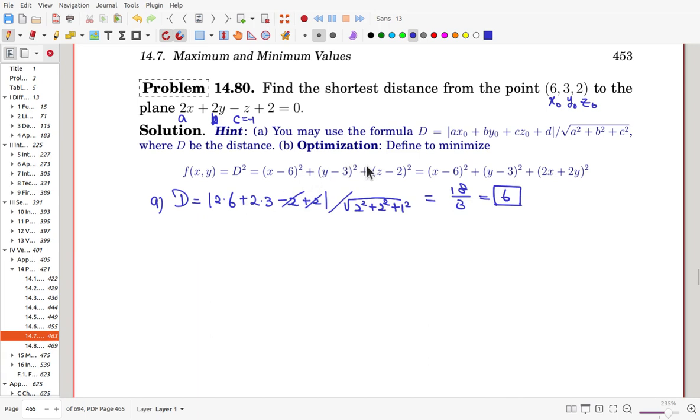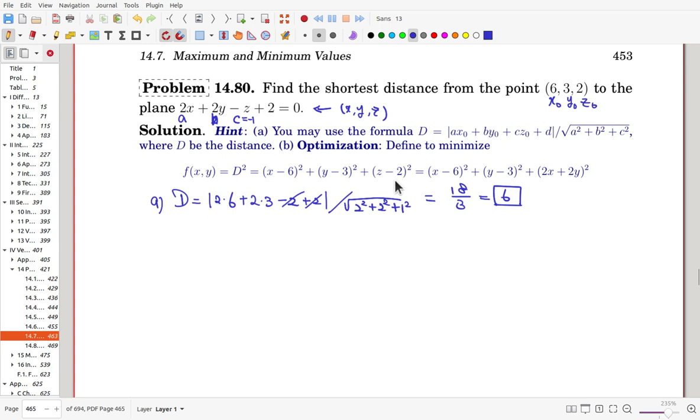Now, if we try to use the optimization technique, then we can formulate it in this way. If we choose an arbitrary point x, y, z on the plane, then by using the Pythagorean theorem, the distance from this point to that one can be formulated as a square root of that term.